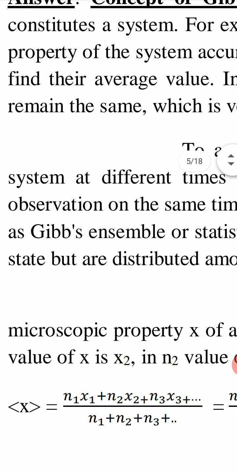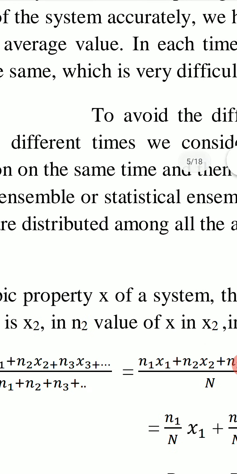So it is very difficult that the physical condition of that system remains the same at different times. So Gibbs suggested that we take a large number of identical systems which form an ensemble. So the Gibbs ensemble is a group of a large number of identical systems, and we take observations at a particular time on all these identical systems.